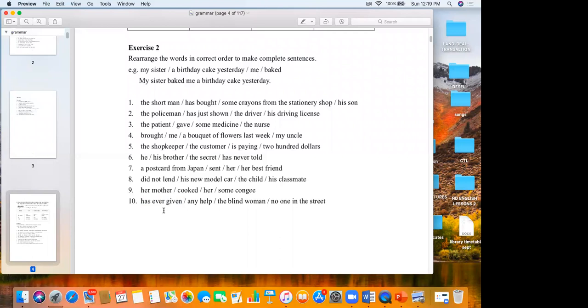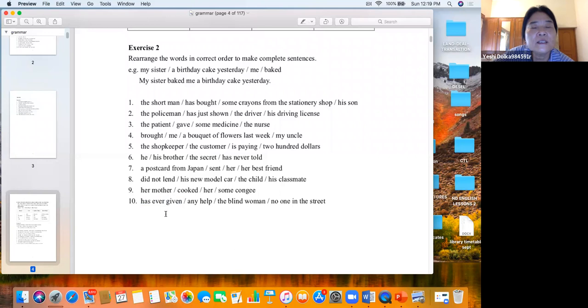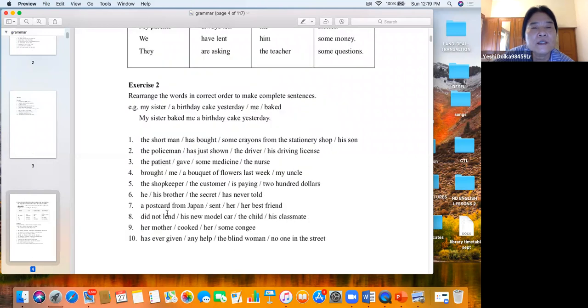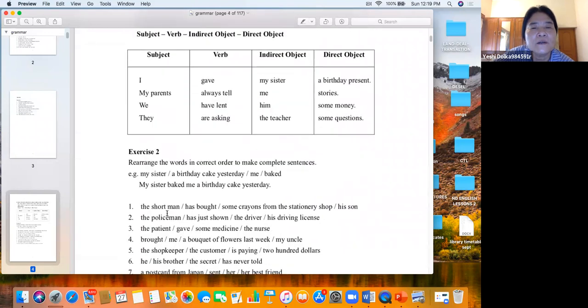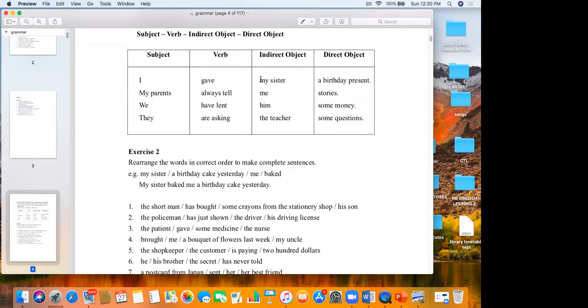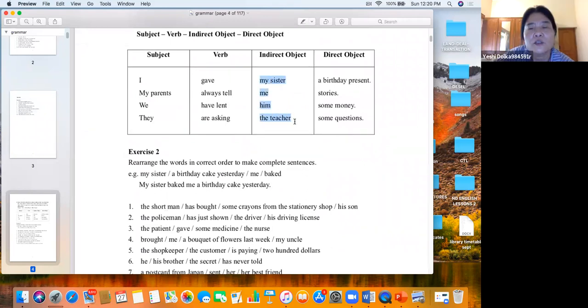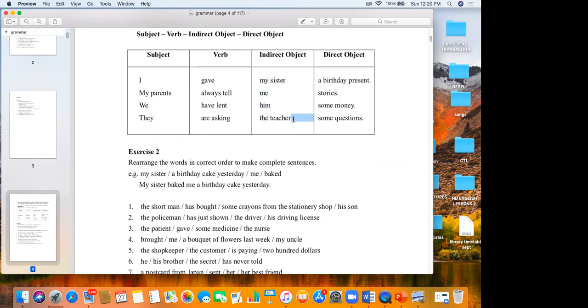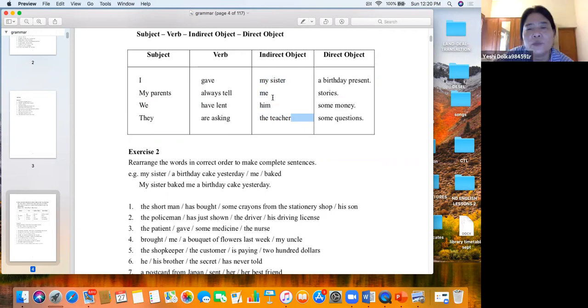All right. Okay, so this is the pattern here: subject, verb, indirect object, direct object. See that the indirect object means my sister, me, him, my teacher, mother. All right. So these are all objects. Here also you will see nouns.